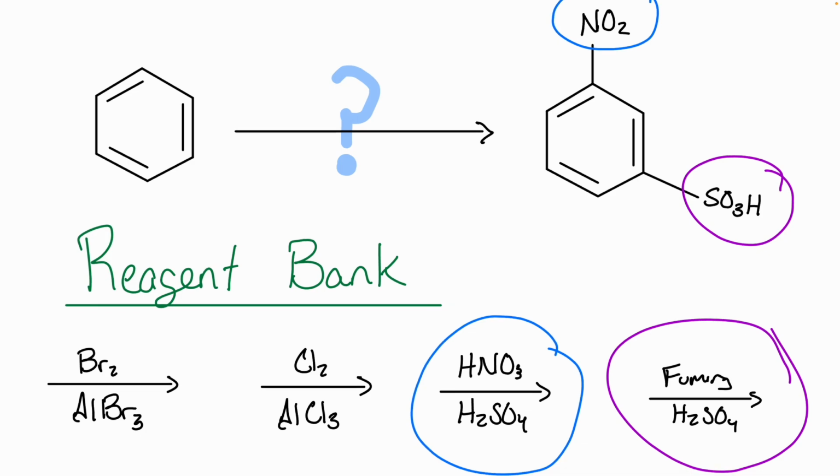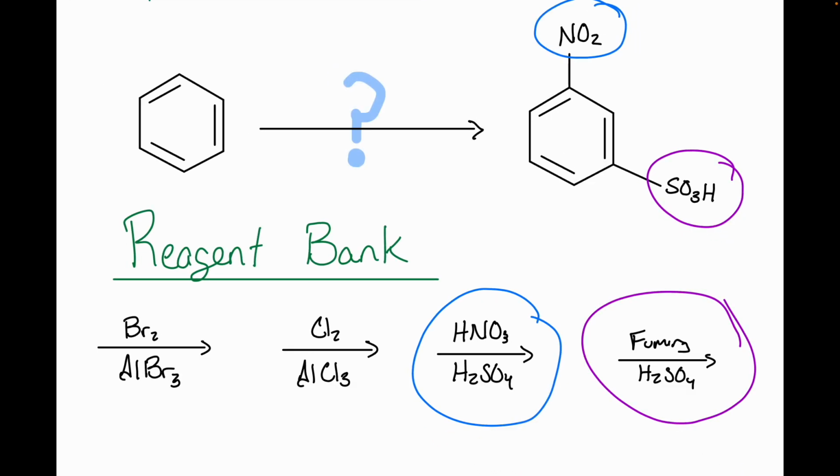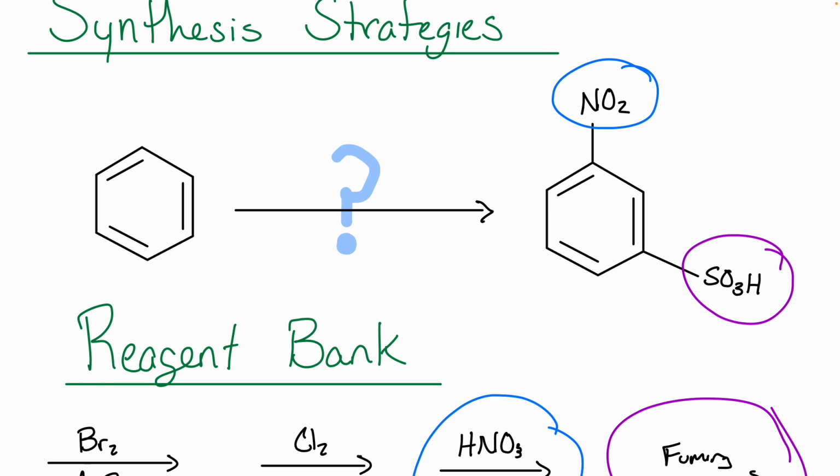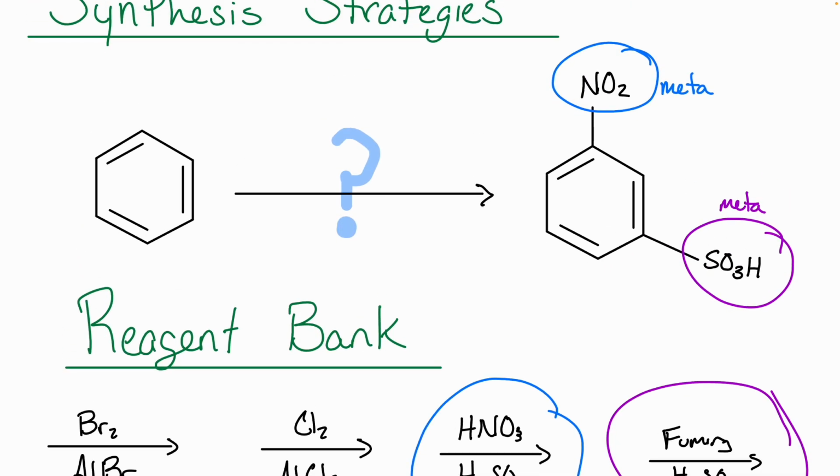All right? So the other thing that I'm going to do is I'm going to look at these reactions and I'm going to say, all right, what are each of these groups? That nitro group is what? An ortho-para or a meta-director? Meta. And what about that sulfonic acid group? That one's also a meta-director. And if I looked at my product here, what is my orientation? Are these two groups ortho, para, or meta to one another?